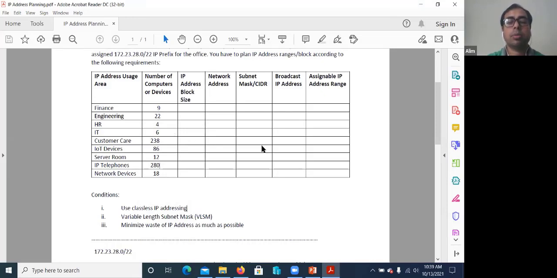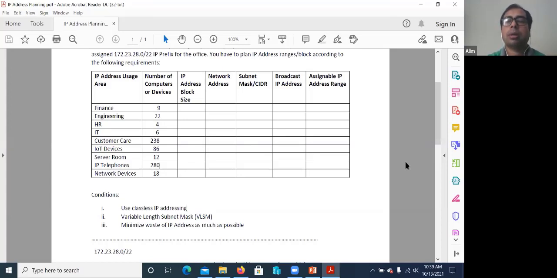And another concept is variable length subnet mask. VLSM is also associated with this idea. Variable length means actually, if you consider classful IP addressing, your subnet mask is for class A /8 or 255.0.0.0, for class B /16, class C /24.